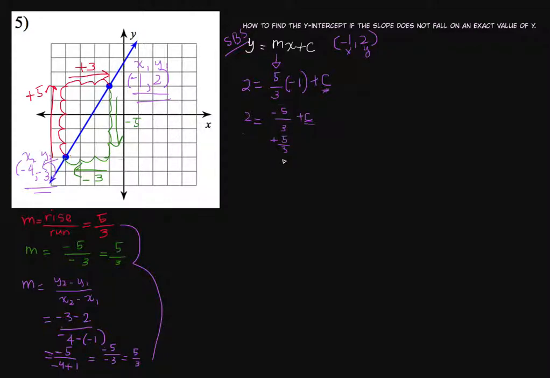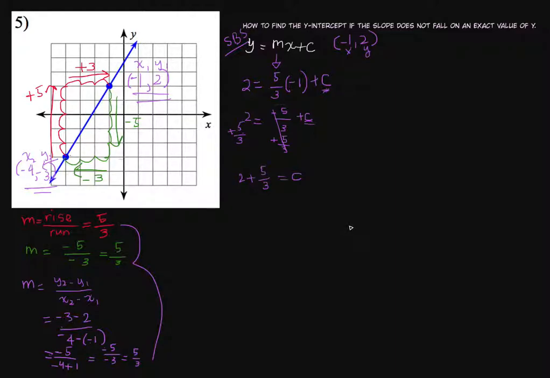Because we want this to equal 0, so that 0 plus c is just c. And whatever you do to this side, you need to do to the other side. So plus 5 over 3. This becomes -5 over 3 plus 5 over 3, which is 0. So you're left with 2 plus 5 over 3 equals c.